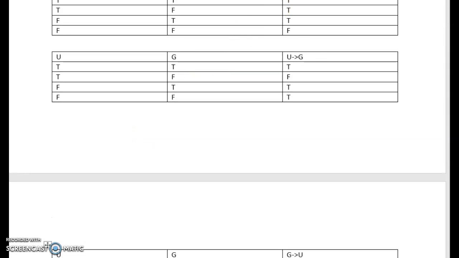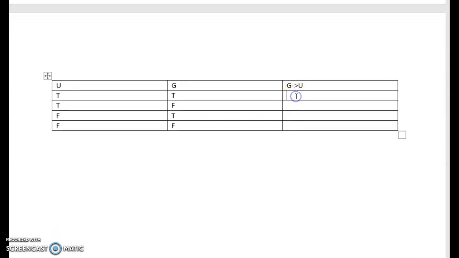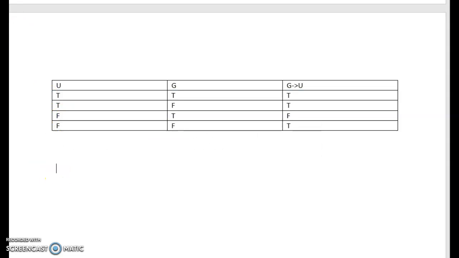Whereas in the previous one, the antecedent was U and the consequent was G. And your truth table is going to look pretty much the same, except for the fact that it is going to be true here and false here. And then, of course, true there. So the reason it's false here is because here the antecedent is true and the consequent is false. So this is how you translate simple sentences into a truth table.